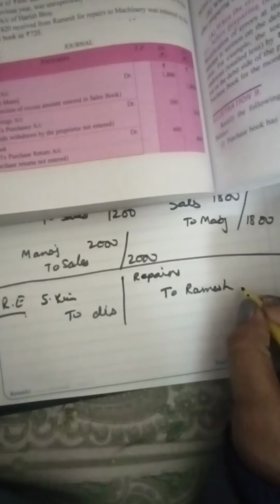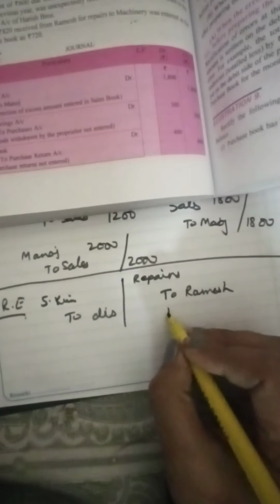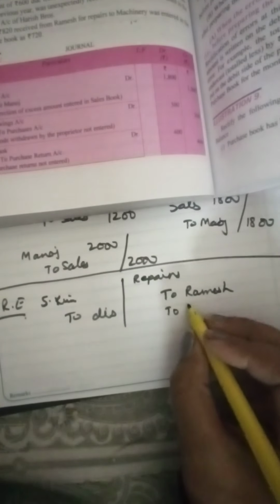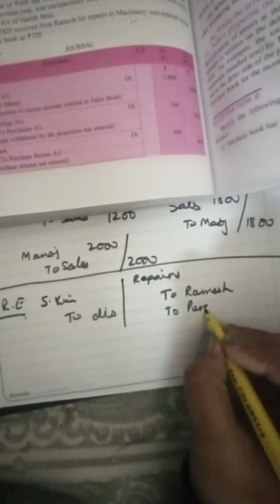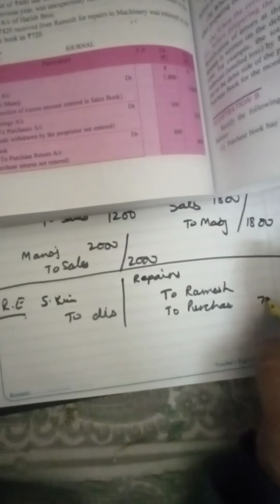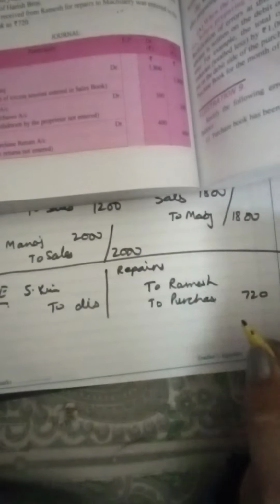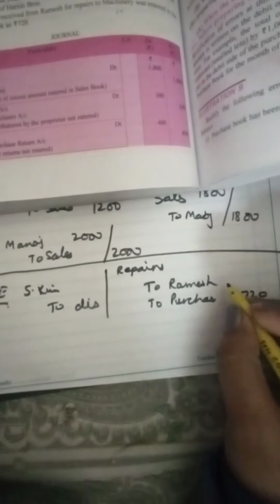The amount also is wrong. The Ramesh account should be with the bill for 820, and we have entered in the purchase book as 720. So first, purchase book to purchases 720. Purchases was debited, now we will credit purchases with 720.